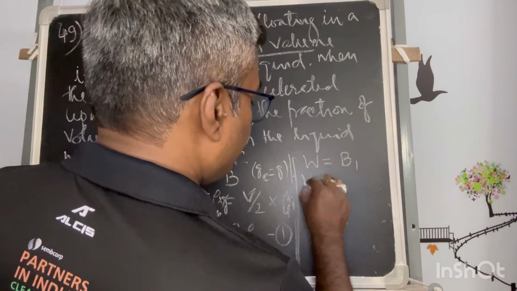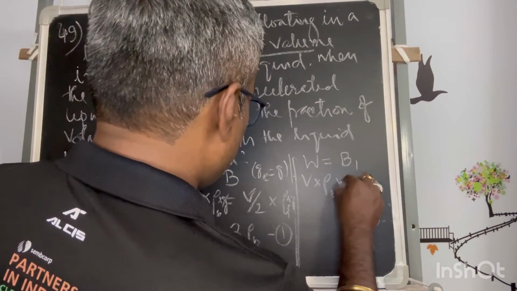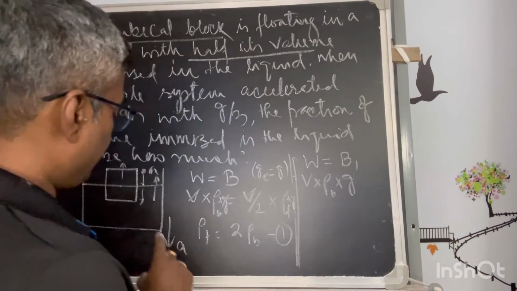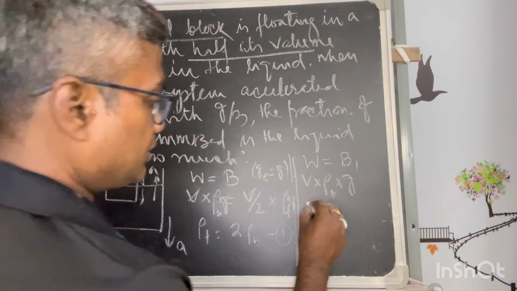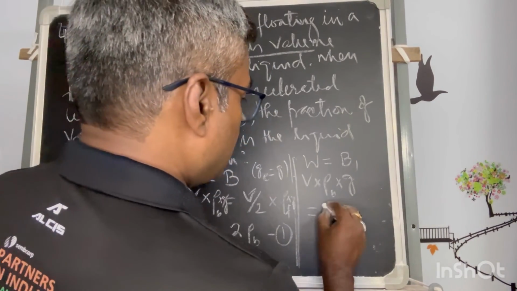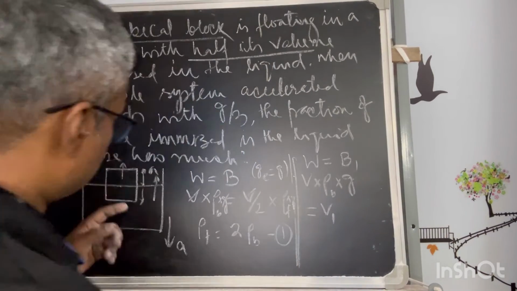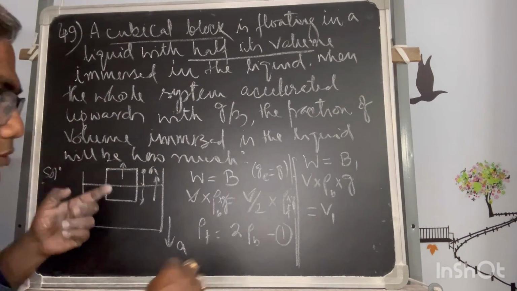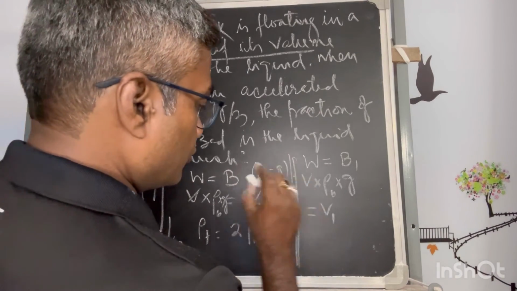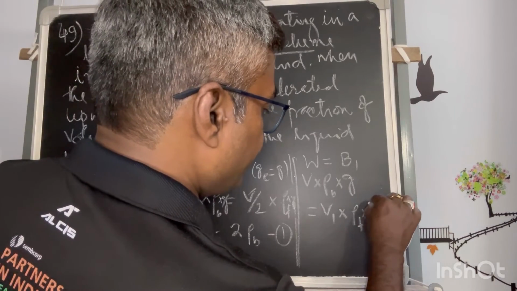The weight is not different, because we are in the same zone, so the buoyant force is affected by the displaced volume, not V by 2, into rho of the fluid into g effective.